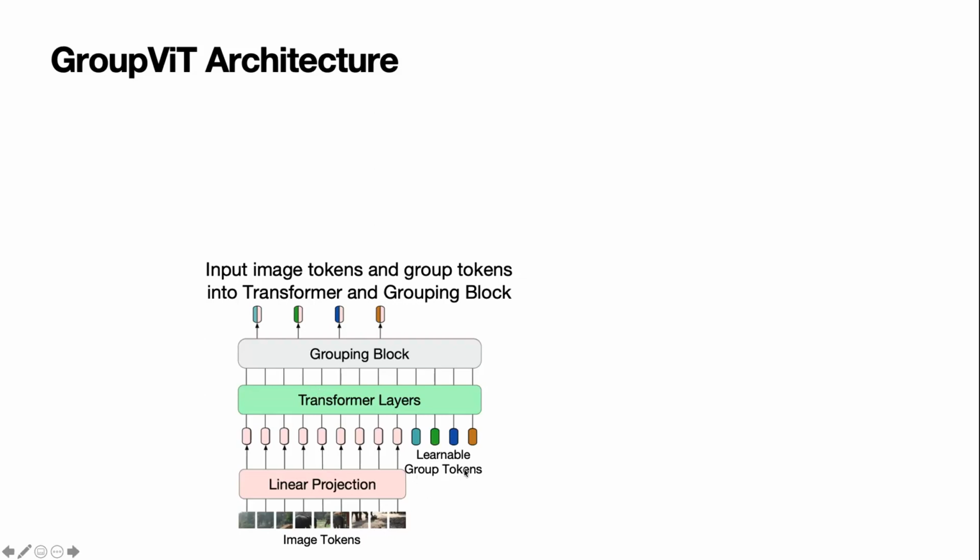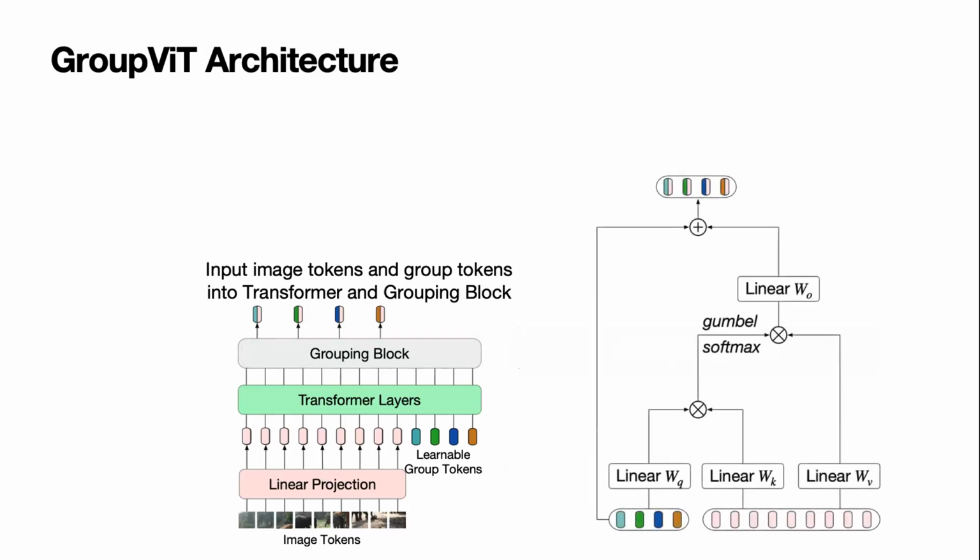So our main idea was to introduce a bunch of learnable grouping tokens, along with a special block called a grouping block, so that all the spatial tokens get assigned to one particular group. And these groups are learned in the process of training via contrastive losses with the text.